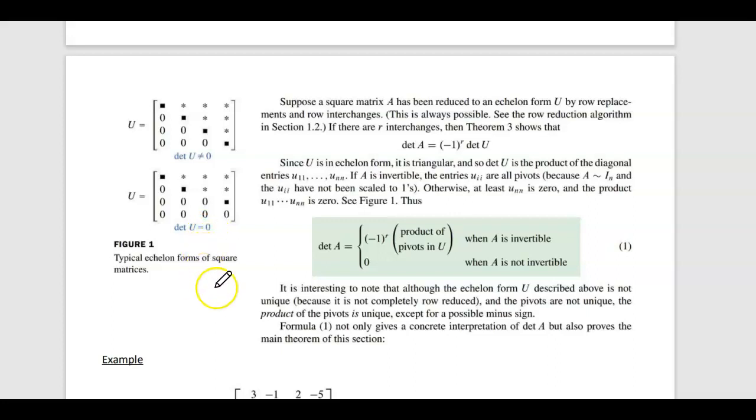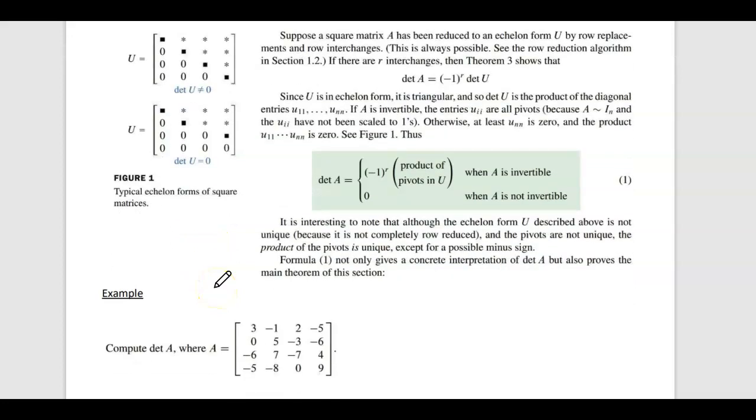Okay, and so this is interesting to note. It says that although the echelon form of U described above is not unique because it's not completely row reduced, the pivots are not unique, and the product of the pivots is unique, except for the possible minus sign.